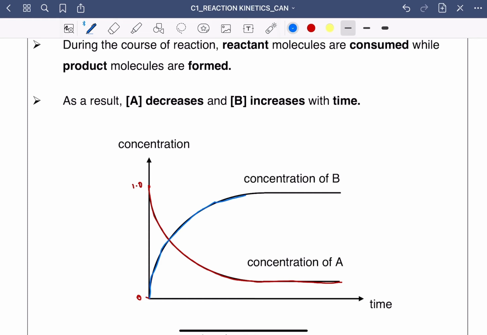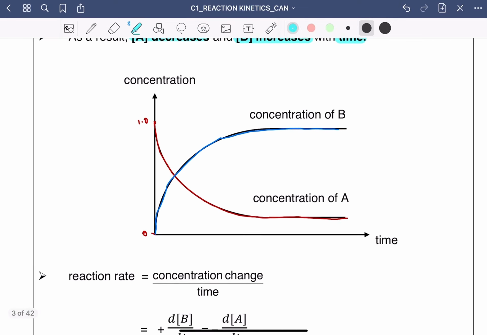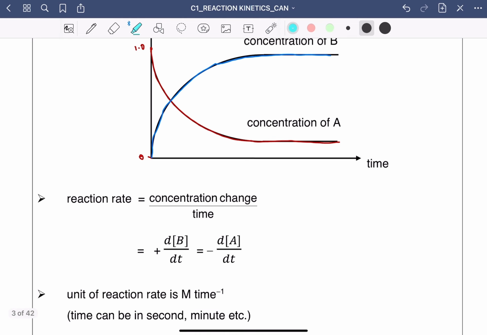That's why the graph is like this, where B is produced. As a result, A decreases. That is your reactant. Reactant will definitely decrease. B, which is your product, the concentration of B will eventually increase with time. So that's how you are going to see the graph.